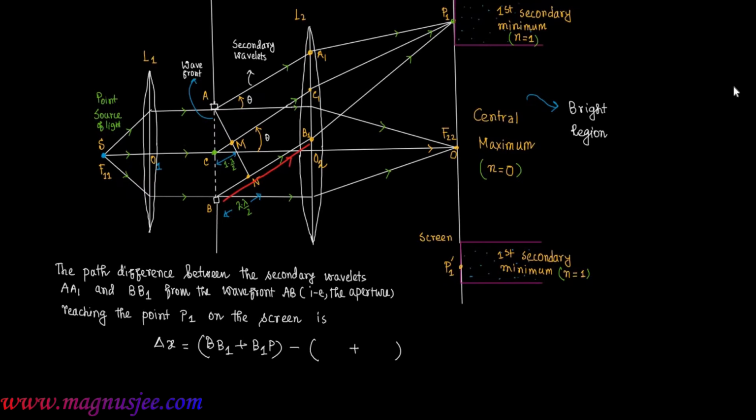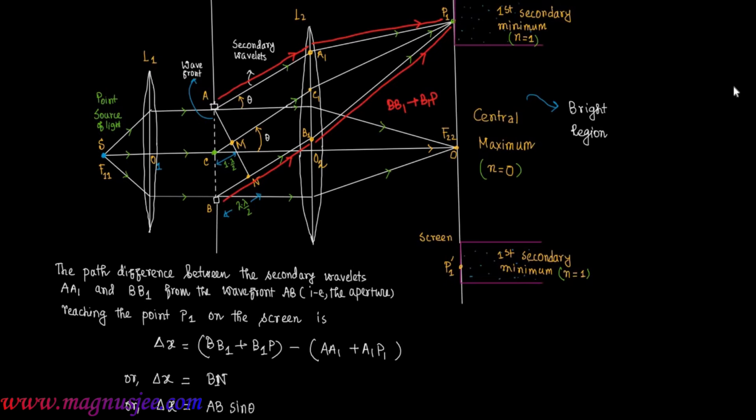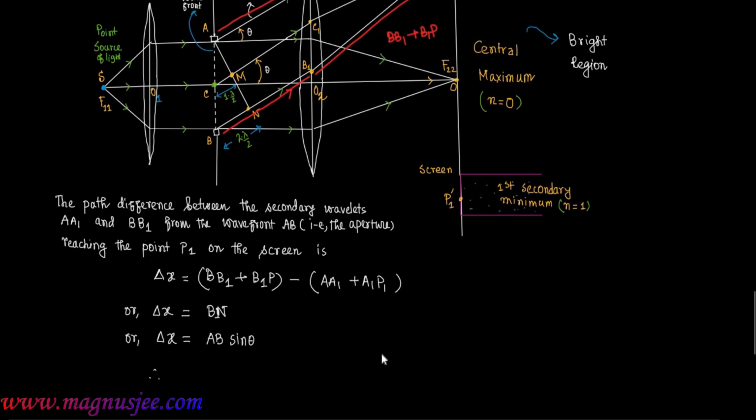What will be the path difference? This is the path traveled by the secondary wavelet BB1, and the path traveled by AA1 is this path. That means delta x is equal to only BN, or delta x is equal to AB sine theta.